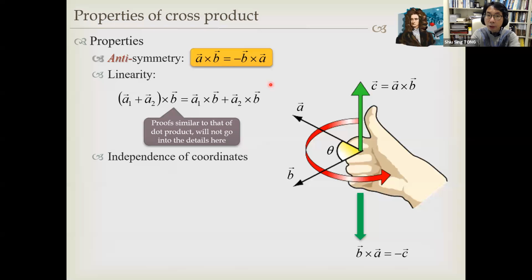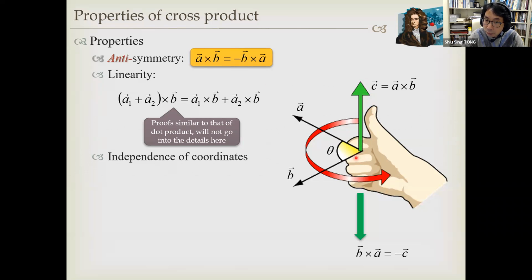Now, the cross product has an asymmetry. It is not like the dot product, which has a symmetry. It is antisymmetrical. A cross B is in the opposite direction to B cross A. You can easily see that if I go from the vector A to the vector B, then my thumb will go up in this direction.